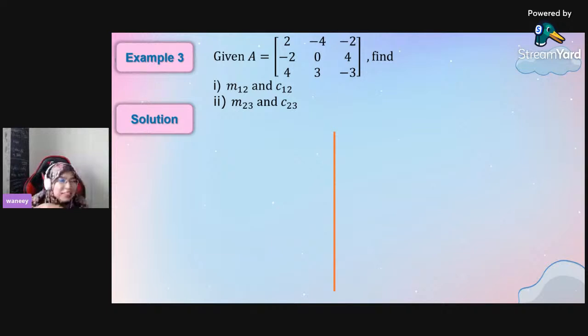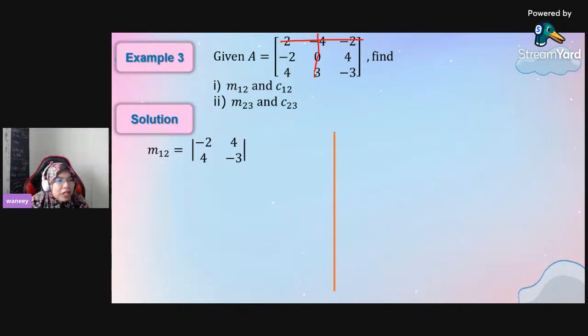Okay, done. Right, so now M12, that is the minor, the determinant after deleting the first row and second column. So we have -2, 4, 4, -3.